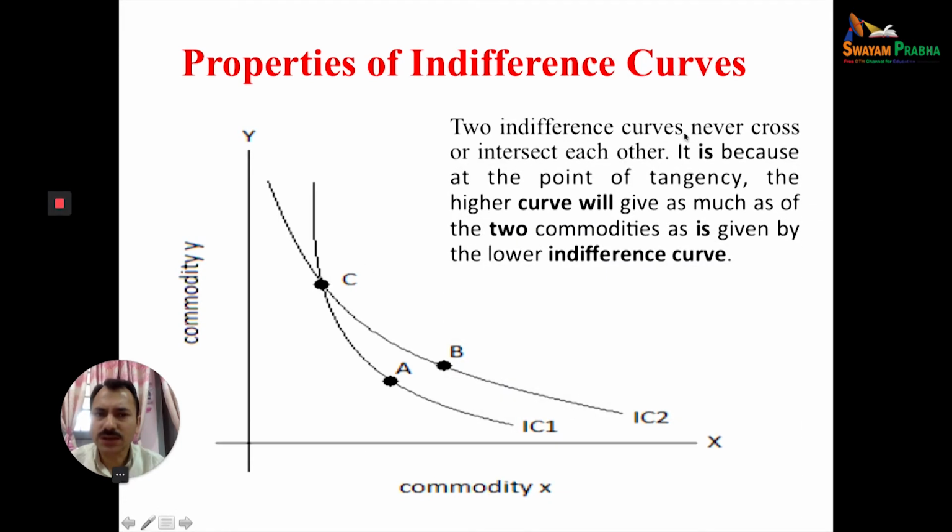Two indifference curves never cross or intersect each other because at the point of intersection, the higher curve would give as much of the two combinations as is given by the lower indifference curve. A higher indifference curve provides higher satisfaction to the consumer. That's why these two indifference curves will never intersect each other.